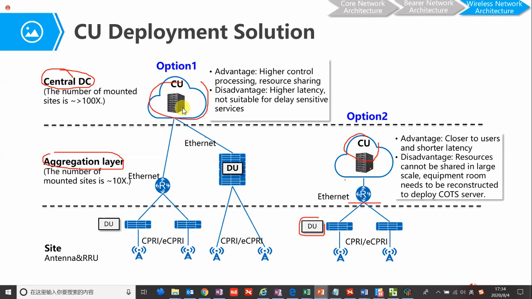Okay, this is CU and DU. Okay, any questions about core network architecture, bearer network architecture, and wireless network architecture?